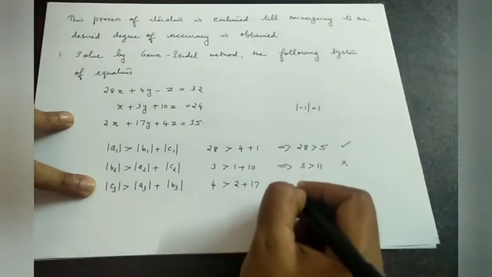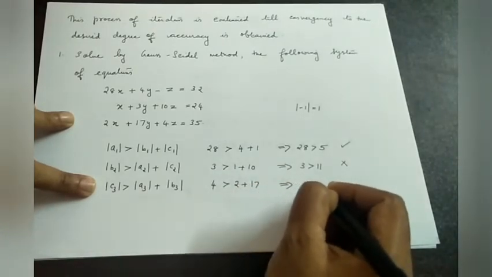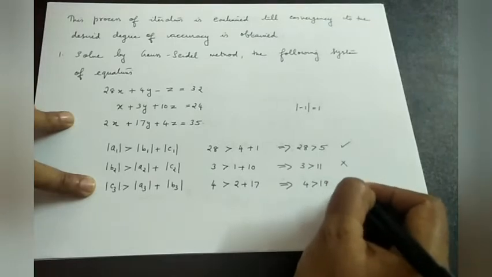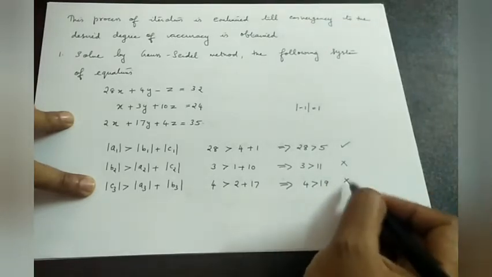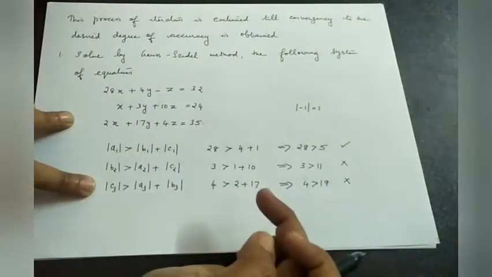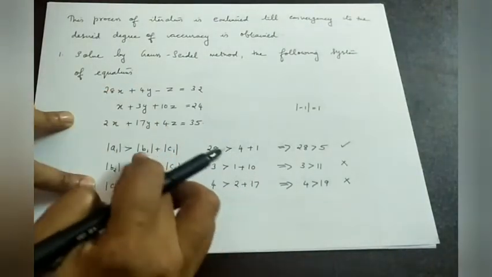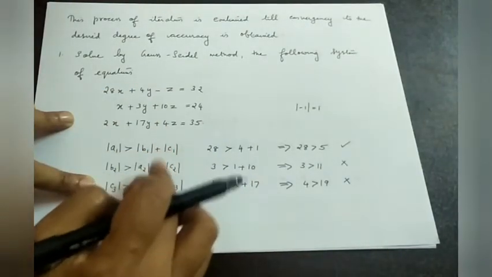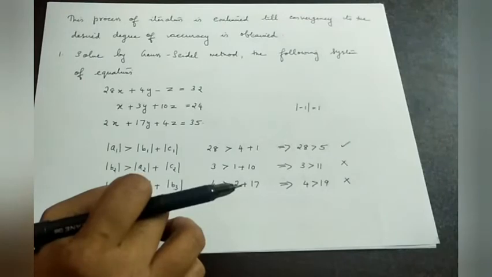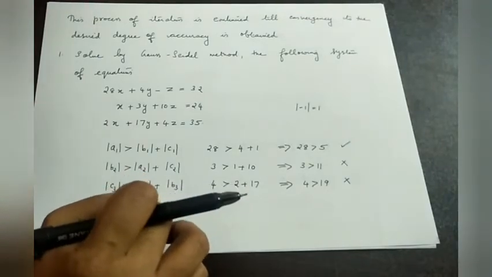Is it correct? No. 4 is not greater than 19. It is not correct. Therefore, we want to rearrange the system of equations like mod a1 greater than mod b1 plus c1.